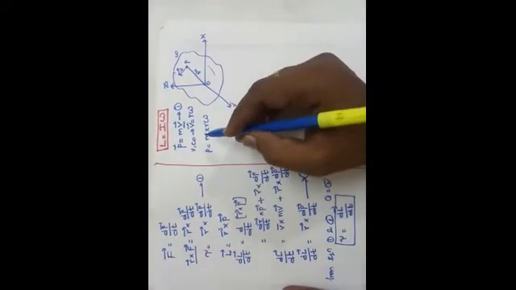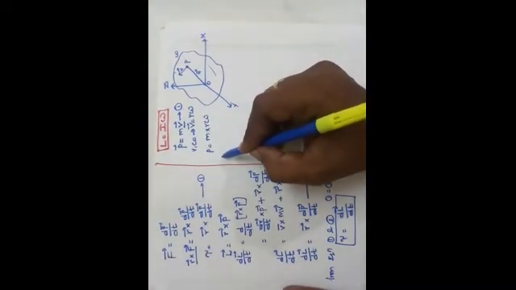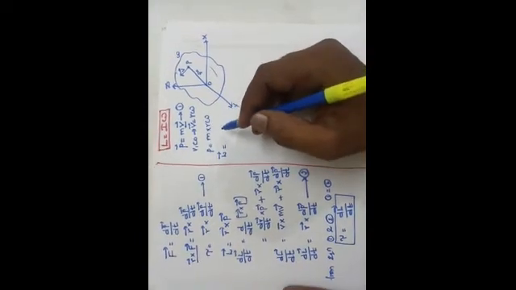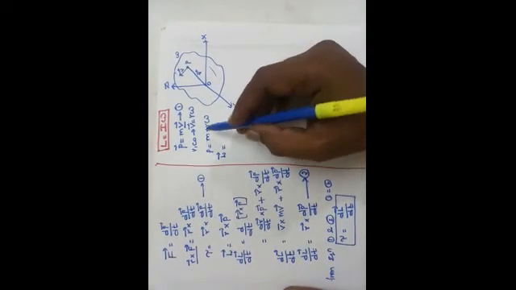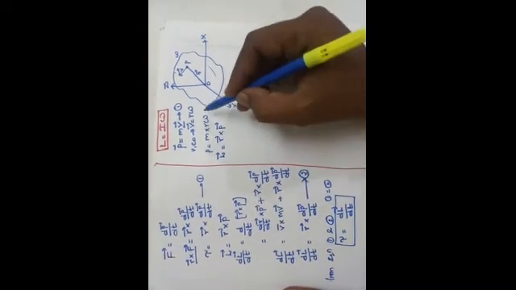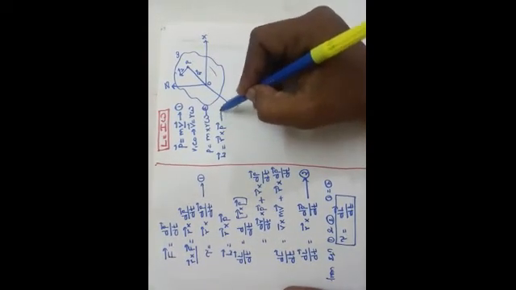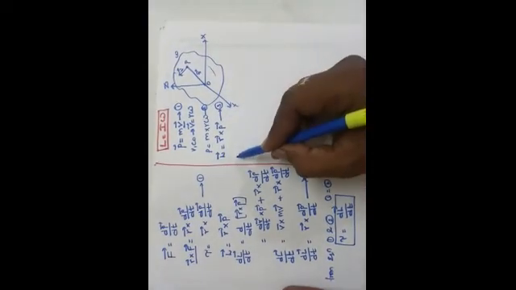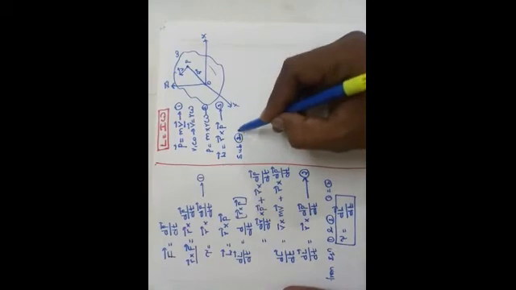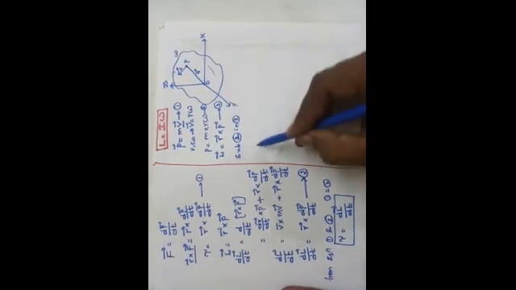Already we got one equation. How can we define angular momentum? L bar is nothing but the cross product of the position vector and the linear momentum, that is r bar cross P bar. This is equation 3. Substitute 2 in 3. Then what we get finally?